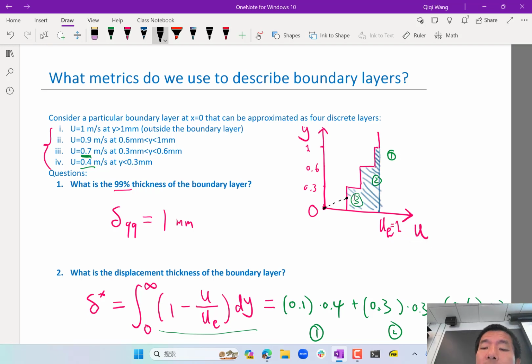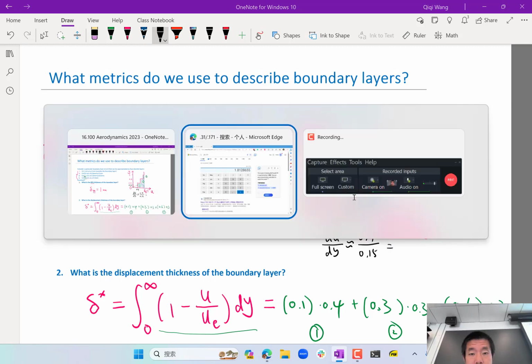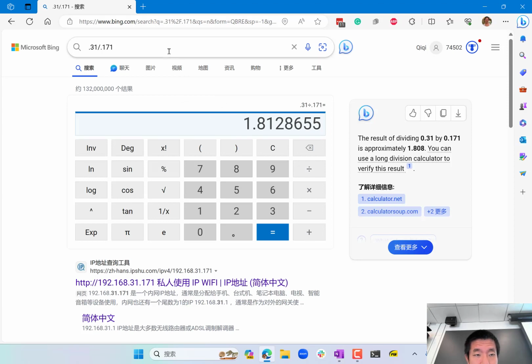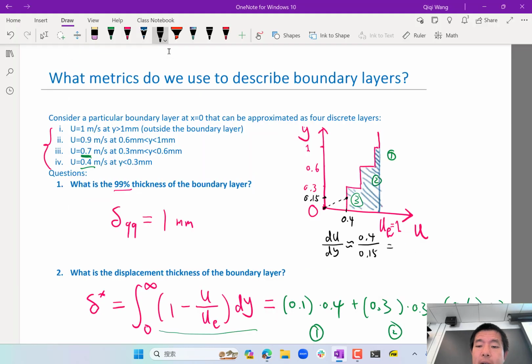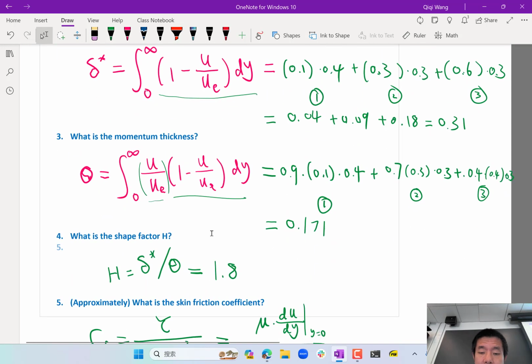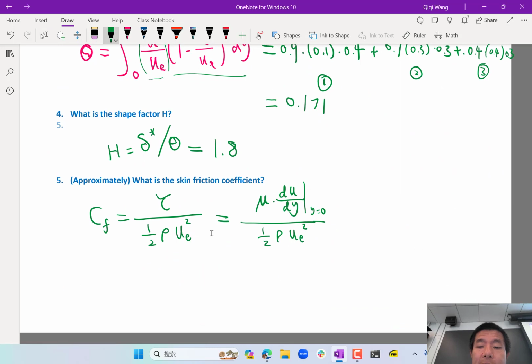The velocity here is 0.4 and the middle of the layer is 0.15. So du/dy is approximately 0.4 divided by 0.15, which is 2.67.